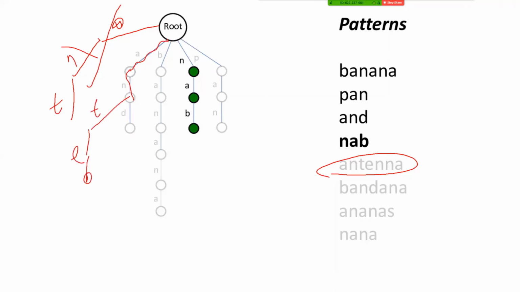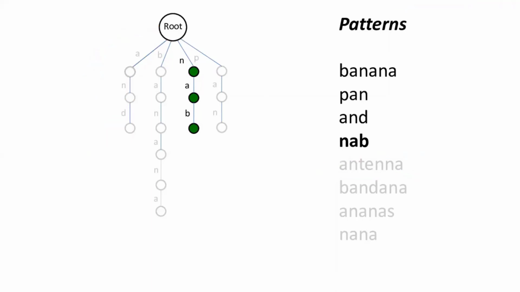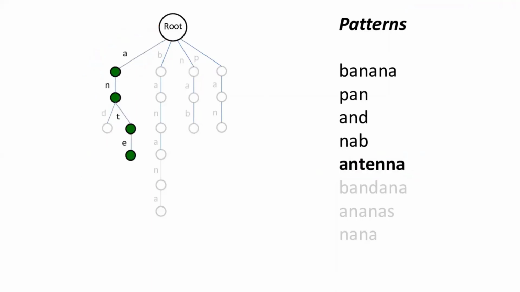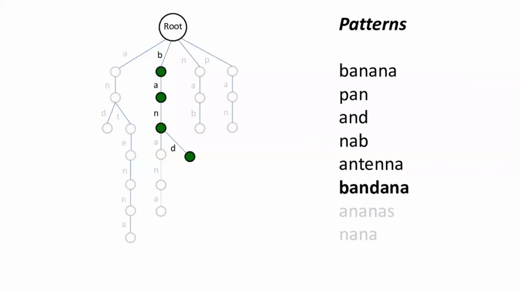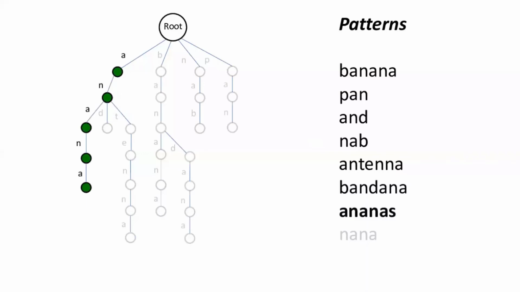So I'm sharing the commonalities between patterns when I create this tree structure. So I've added antenna. When I add bandana, I'm going to go down band and then split into dana. And similarly for the other patterns.